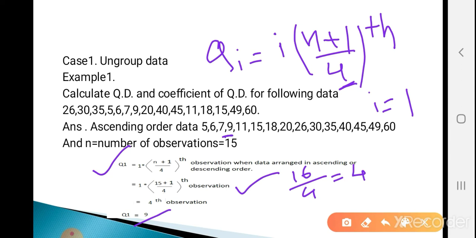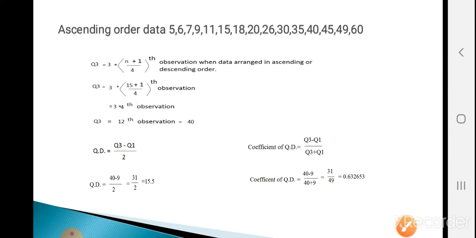Now calculate the value of Q3. For finding the value of Q3, put i equal to 3 in the formula. So Q3 is equal to 3 into (n plus 1) divided by 4th observation when data is arranged in ascending or descending order. In the next step, put n equal to 15.